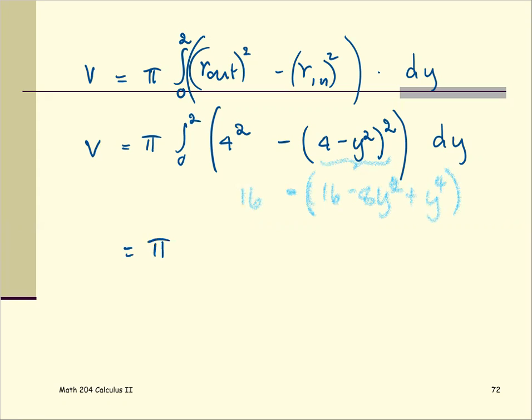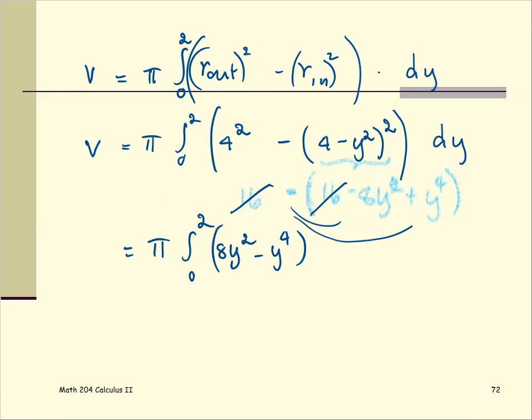When you simplify, you get the integral as pi times the integral from 0 to 2. You see 16 and 16 here cancel, but you have to apply the negative sign to all terms left over. Then we have the integrand in the form of 8y squared minus y to the fourth with respect to y.